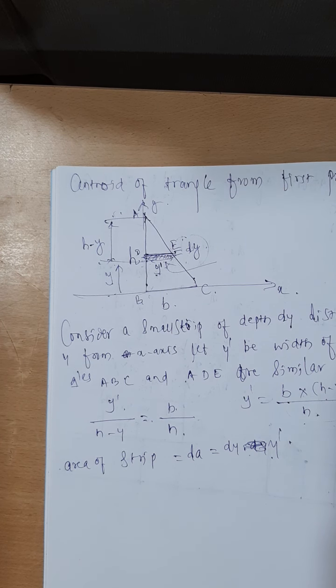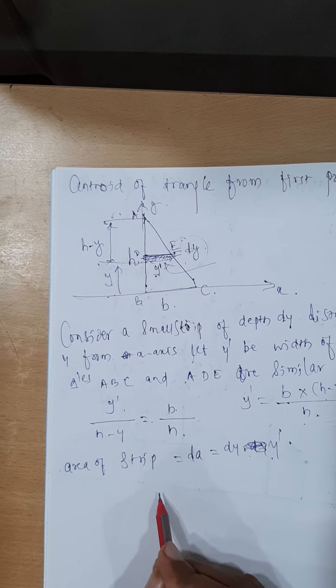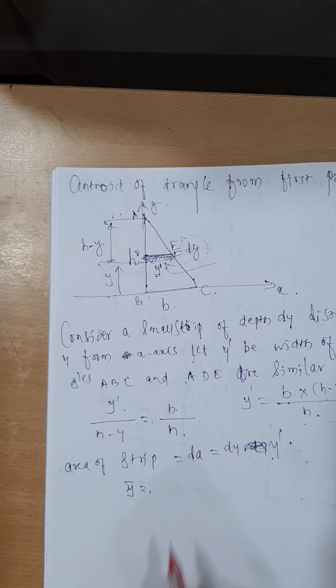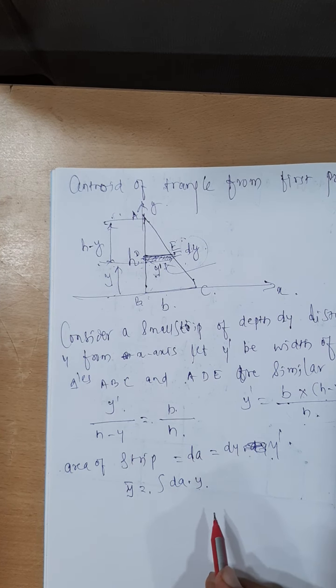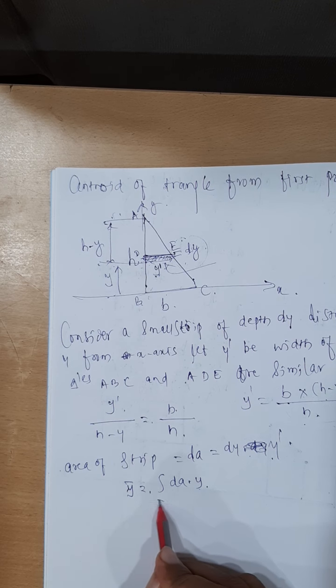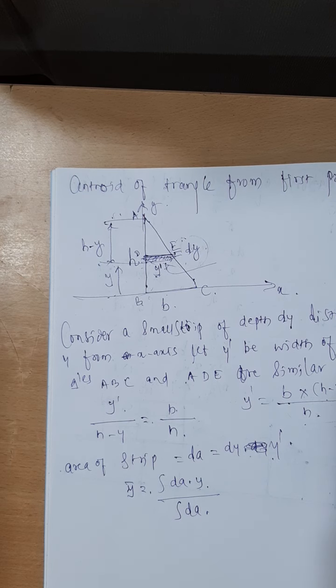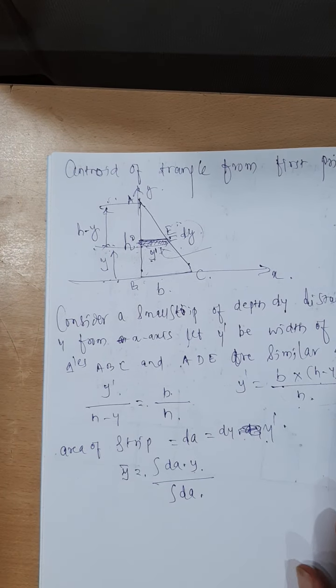Now I know that the y coordinate of the center of gravity, y bar, is equal to the integral of dA into y divided by the integral of dA. This strip is located at a distance of y units.